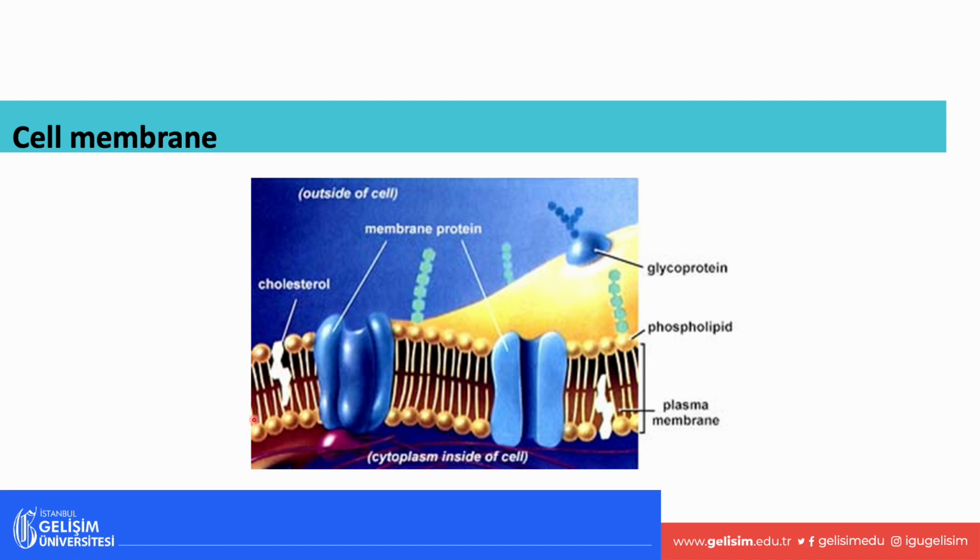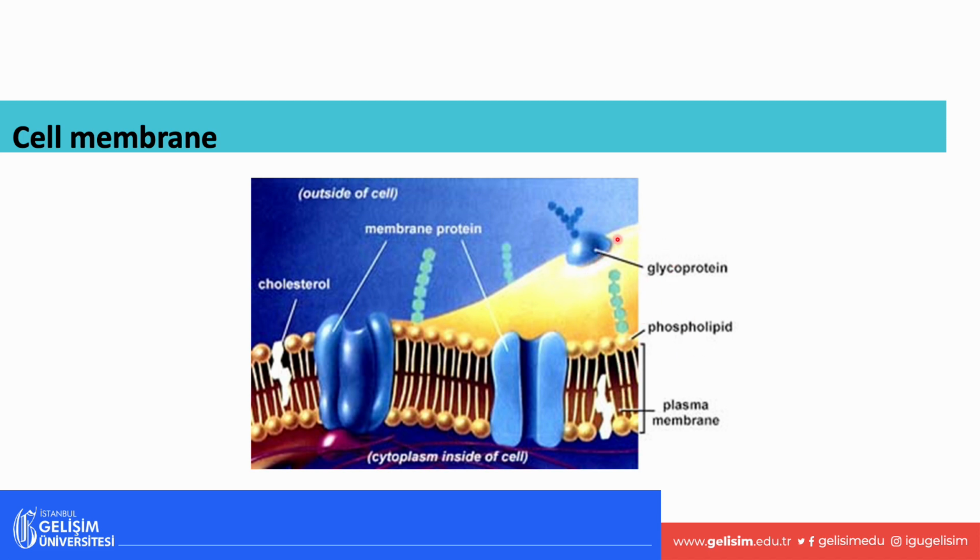Embedded within this phospholipid bilayer also, we have cholesterol molecules. And if you remember from Physiology 1, these cholesterol molecules are there to help stabilize this membrane, right? They also have a lot of other functional features, but let's just say for now, it's to help stabilize this membrane. Also we find glycoproteins.